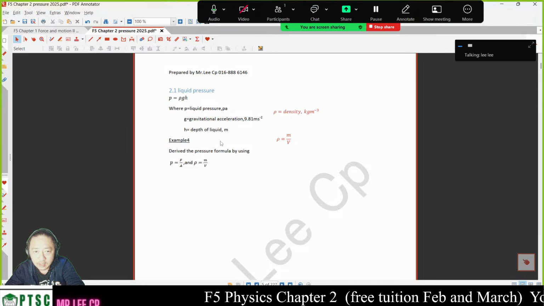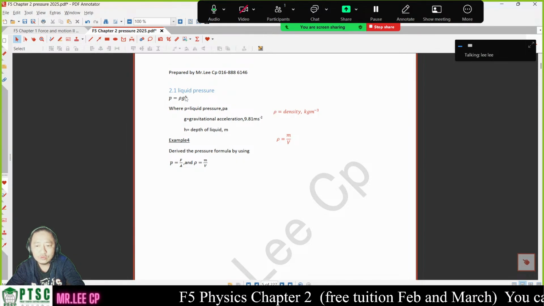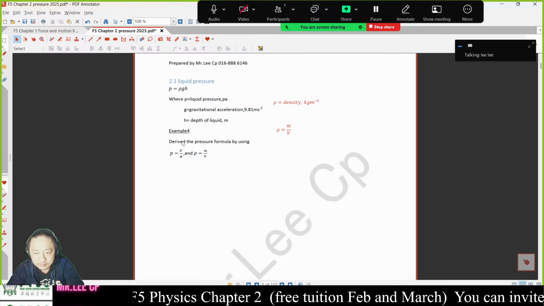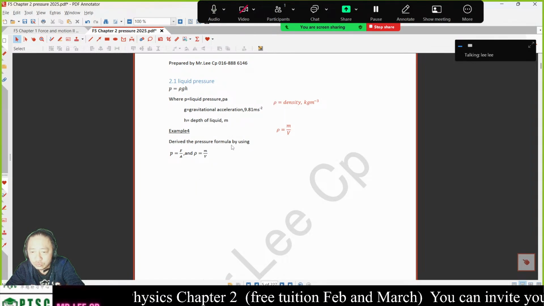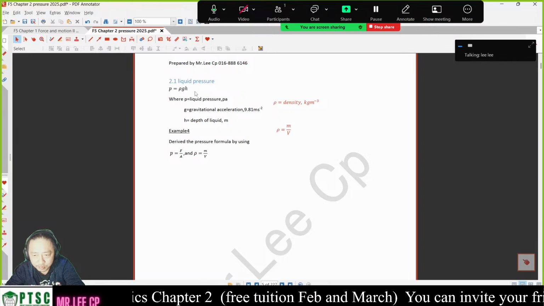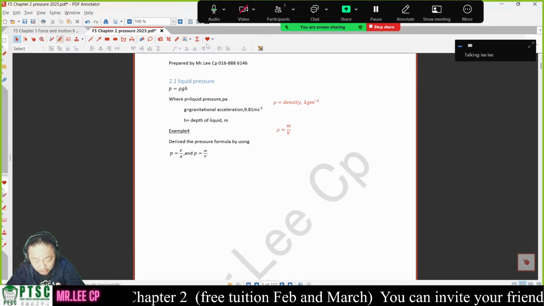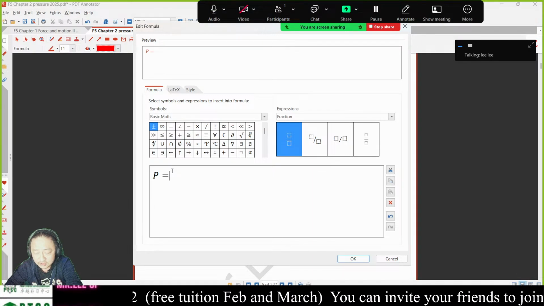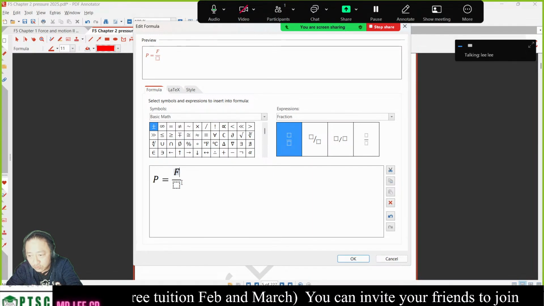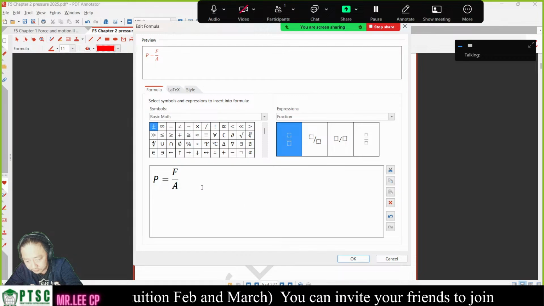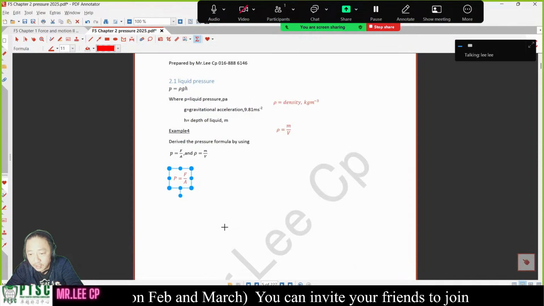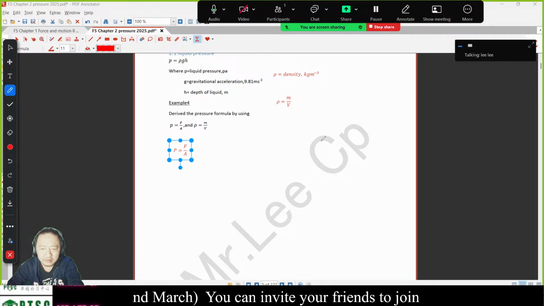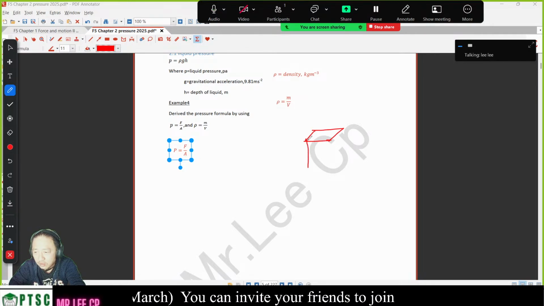Now, this one is not important, but I want to show you how you get this formula. Pressure is force over area, density is mass over volume. So how do you get the formula of pressure in a liquid, rho g h? Pressure is equal to force over area. Now we know what area is.